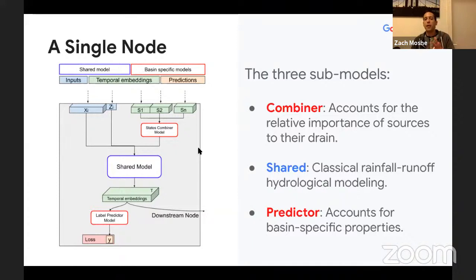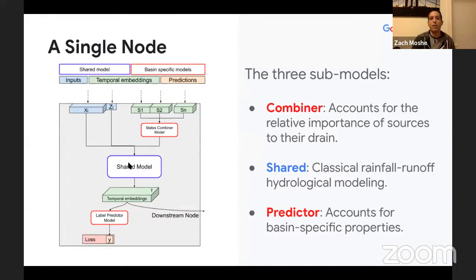HydroNets doesn't really care what the combiner, the shared, and the predictor models are. It gives you placeholders to put whatever models you want. The examples that I'm going to show in the next slide are what we call the linear HydroNets. You build the whole graph, or you build nodes like I'm currently describing, but the models that you use inside are linear regressors.